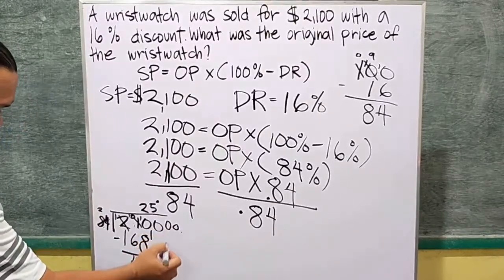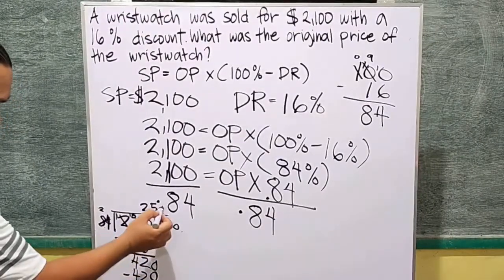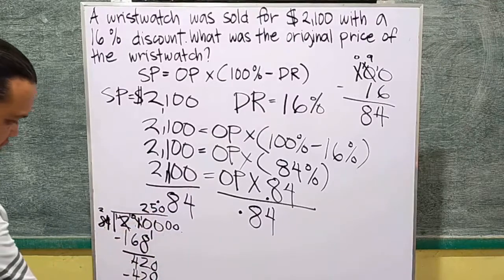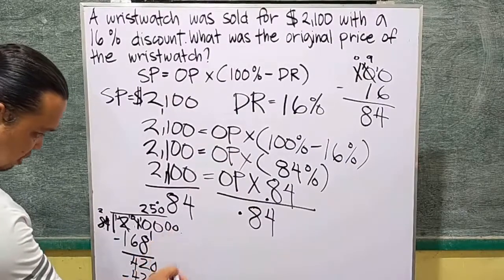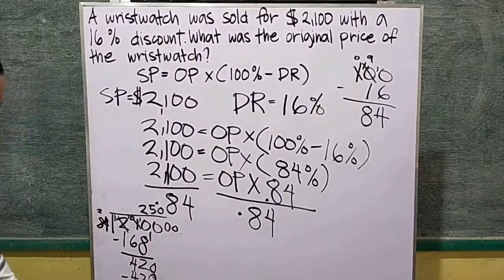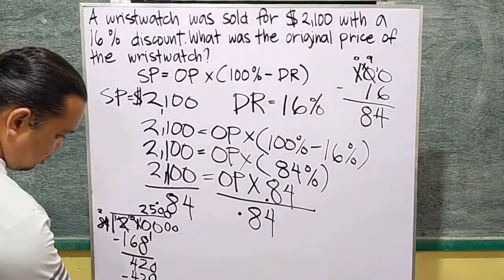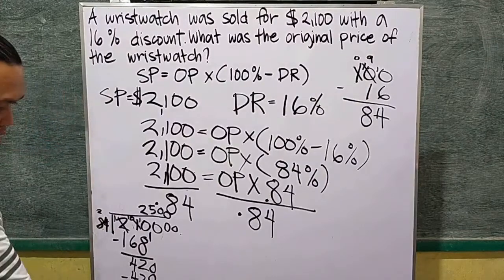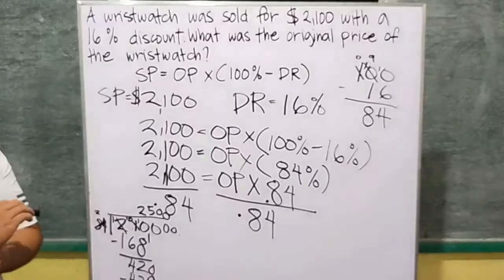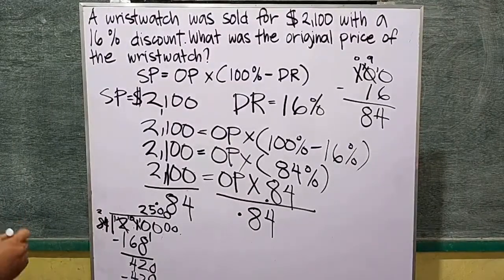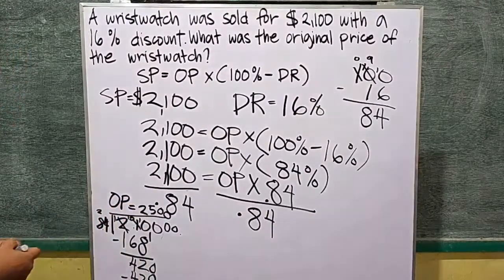Now bring down 0, and 0 divided by 84 is 0. Bring down 0 here, and again 0. So no more numbers to bring down. So we have 2,500. So this is the OP, or original price of the wristwatch.